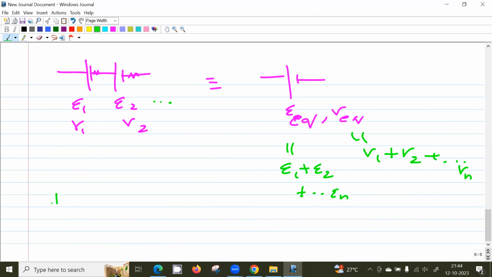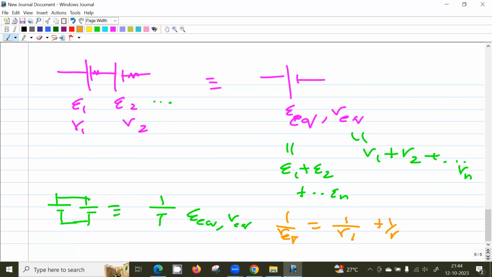But if it is in parallel, E1 and E2, and I want to replace them with a single cell, the E equivalent and the corresponding R equivalent are not as simple. R equivalent, if you remember, will be 1 by (1 by R1 plus 1 by R2), and then E equivalent by R equivalent is E1 by R1 plus E2 by R2.